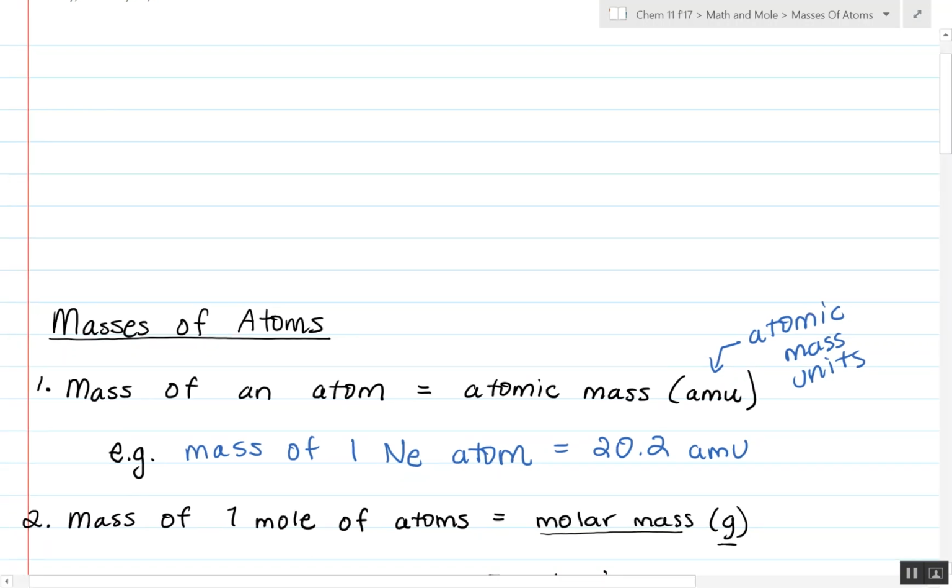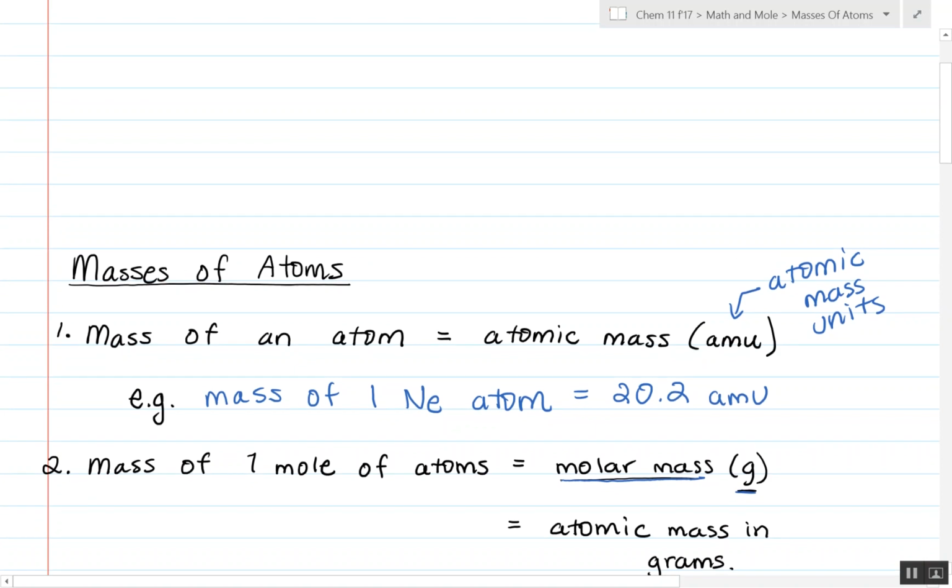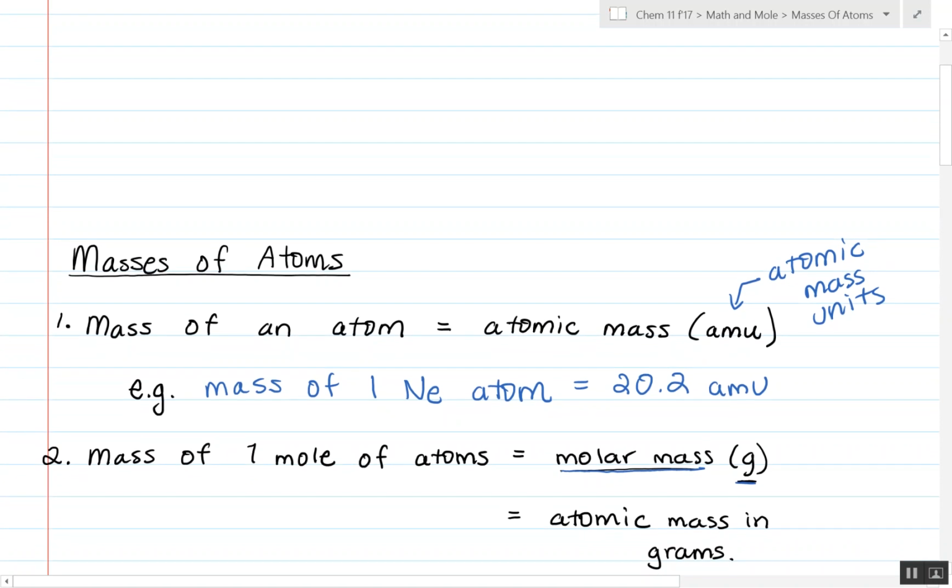The second thing we could do is determine the mass of 1 mole of atoms. This can be determined as the molar mass, okay? And the units for molar mass is grams. We can also call this the atomic mass in grams.